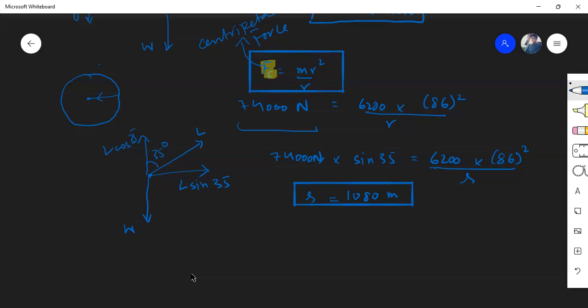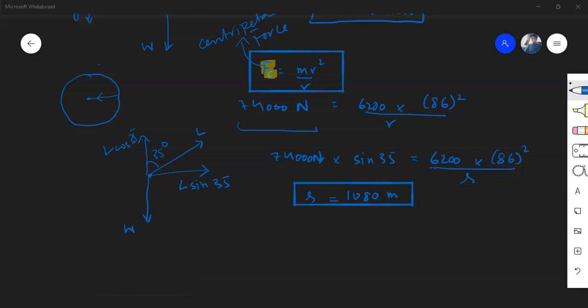At a constant speed of 120 meters per second. Okay, so part C is a bit easier. Let me just copy this. Let me just ask you one thing. Is part C different from the previous one?